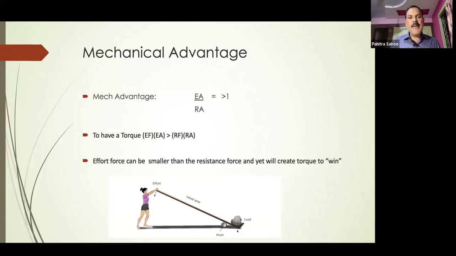We need the effort arm times the effort force to be higher than the resistance force times the resistance arm. And if you look at this equation, if the effort arm is longer, you need less effort force. If the resistance force is more, then even a small resistance arm can produce hindrance for motion around the elbow joint.